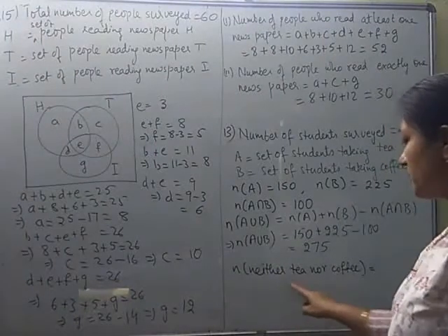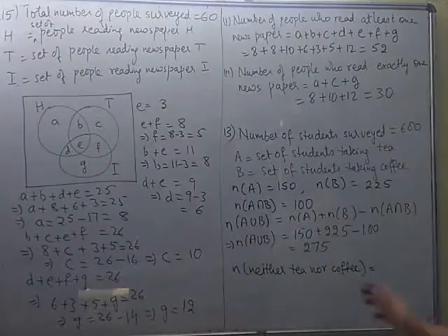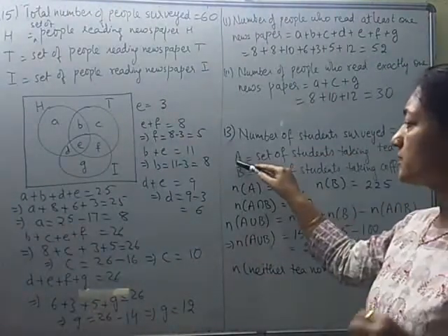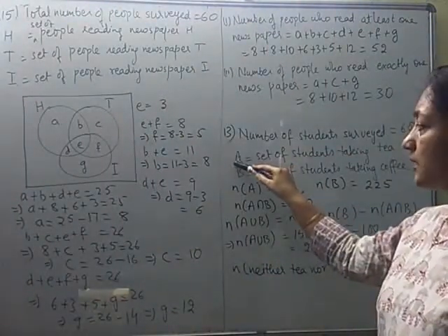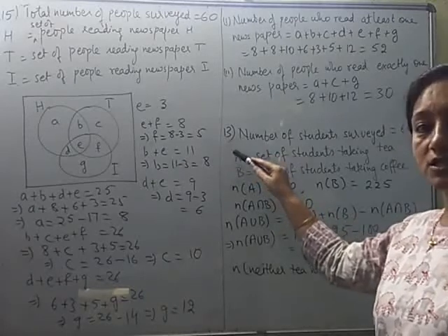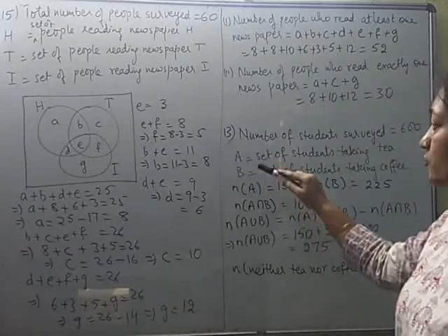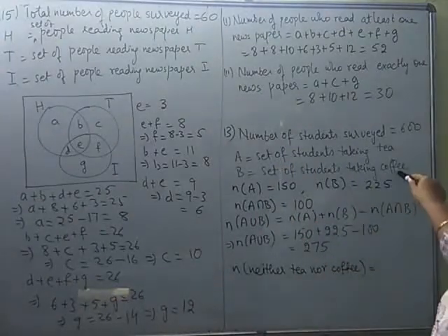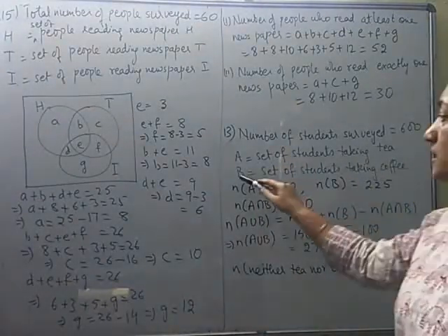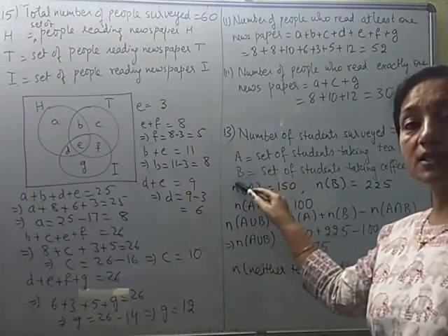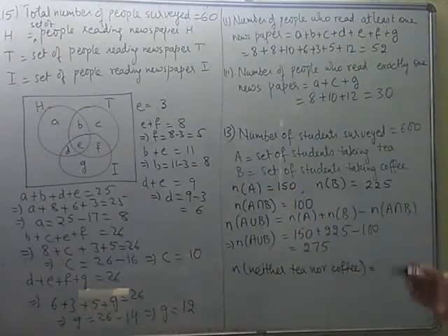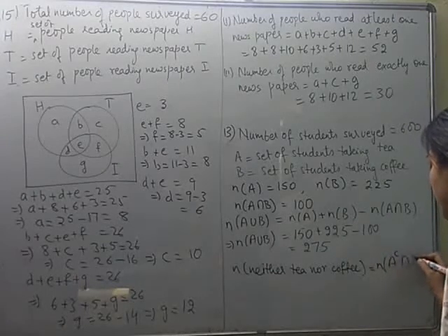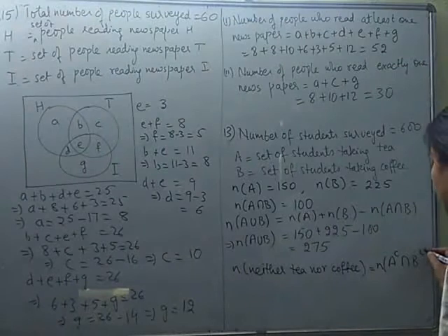Now let us try to write it in terms of sets first. What is meant by neither tea? So if the child is not taking tea, that student will belong to which set? It will belong to the set complement of A, because A is denoting the set where the students are taking tea. In the same way, the students who are not taking coffee will be in the complement of B. So I have to find A complement intersection B complement.